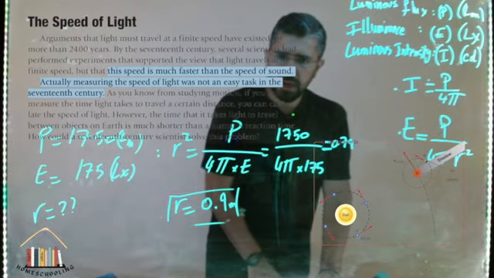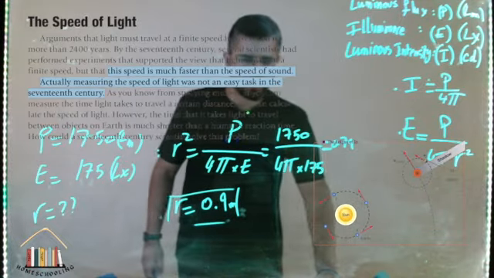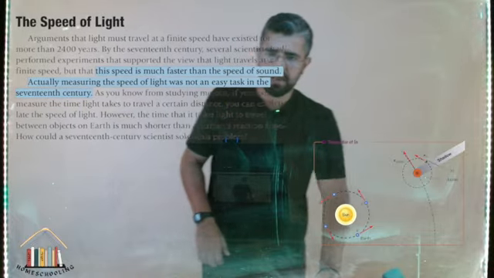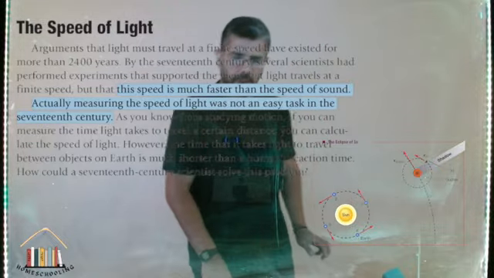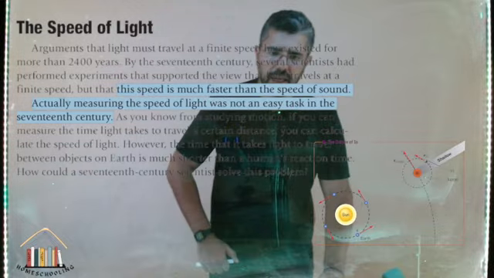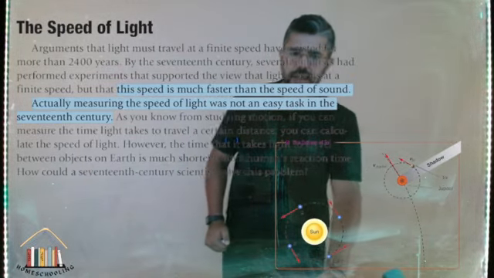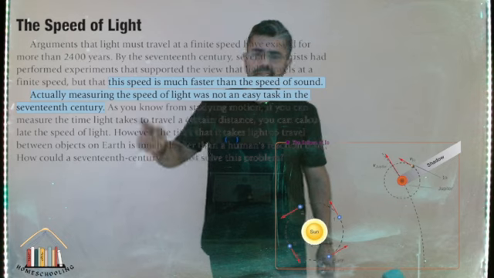Okay, let's clean the board, and we reach the last part of our lesson. The speed of light. Light, from the beginning of humanity, was a mystery. It's so hard to understand light, and especially the speed of light.